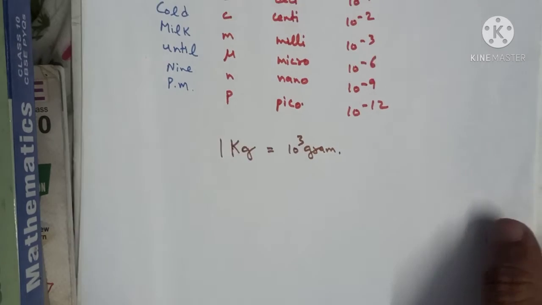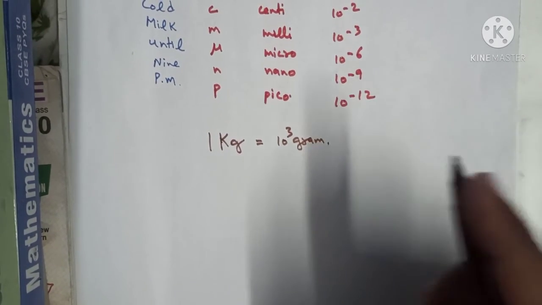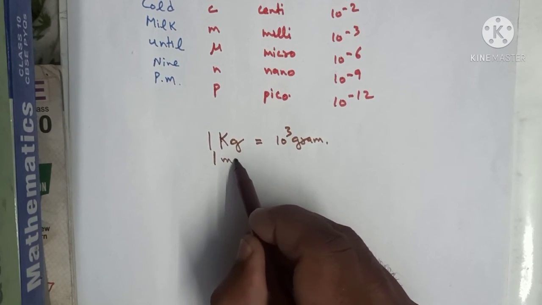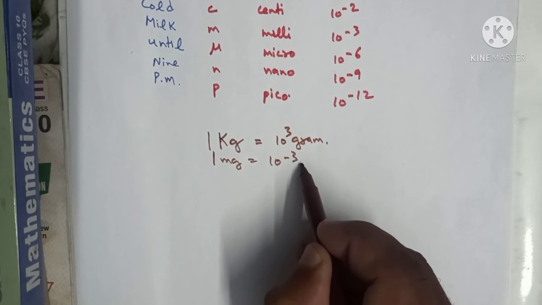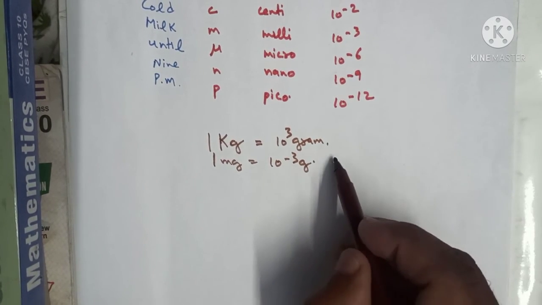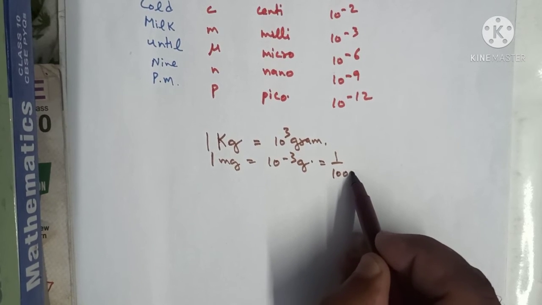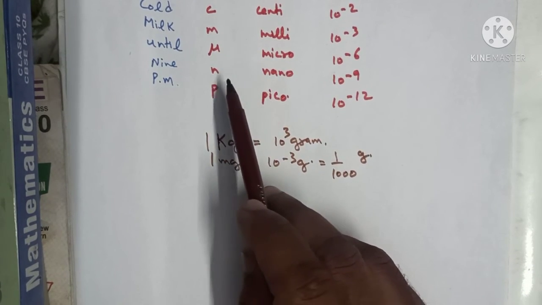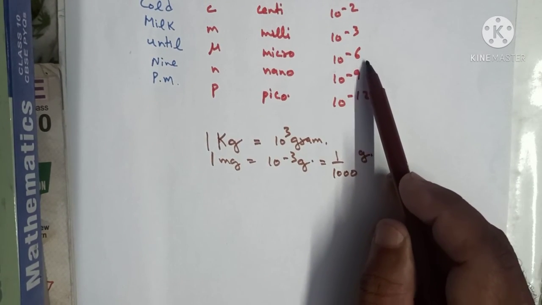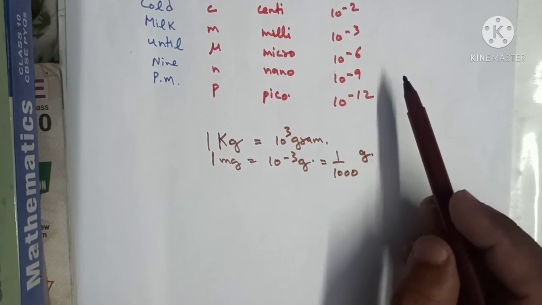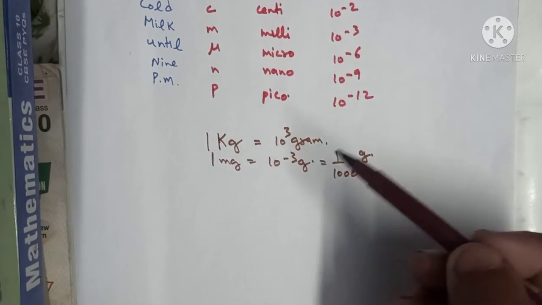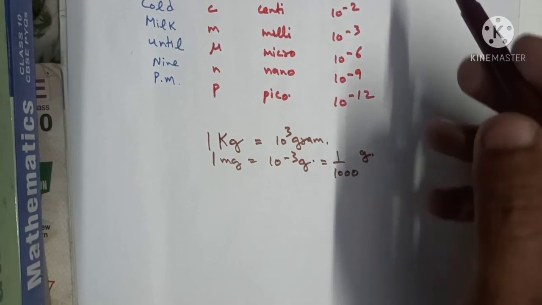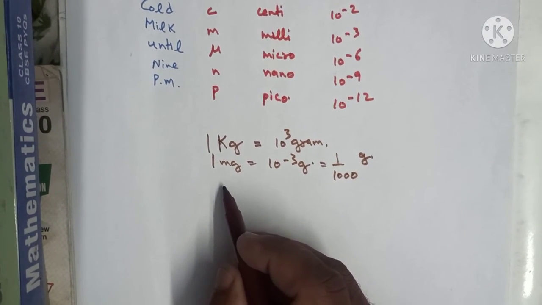Similarly, 1 milligram is equal to 10 to the power minus 3 grams, or 1 upon 1000 grams. Similarly, microgram is 1 upon 10 to the power 6 grams. We can take other base values like meter.